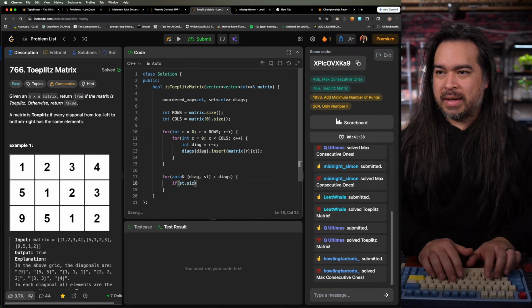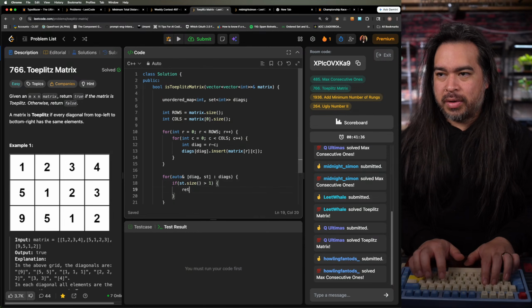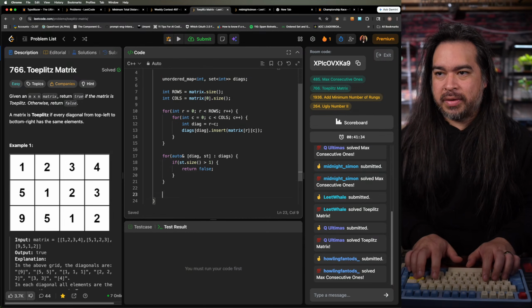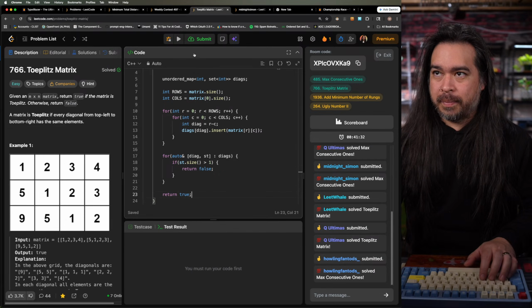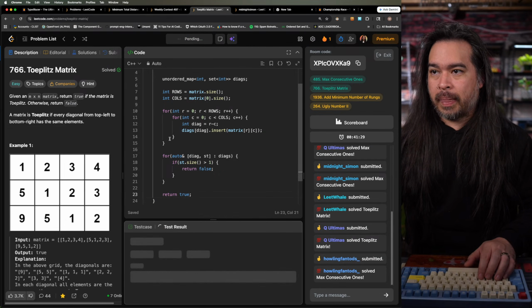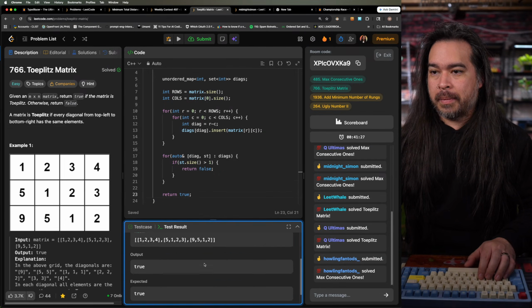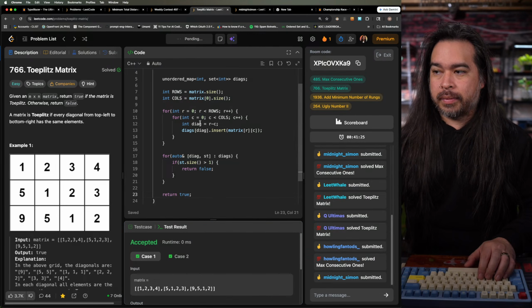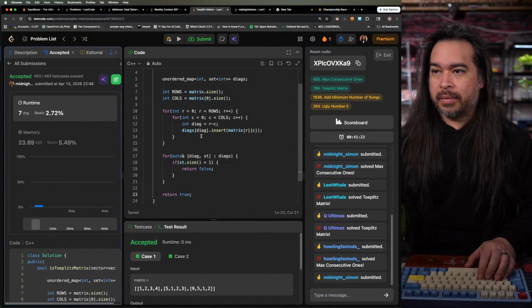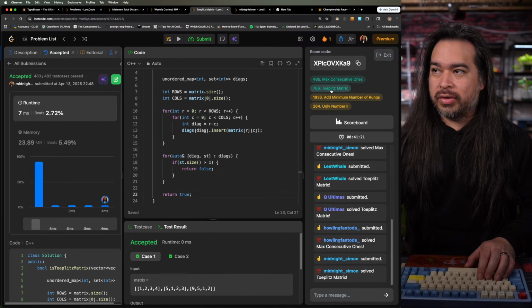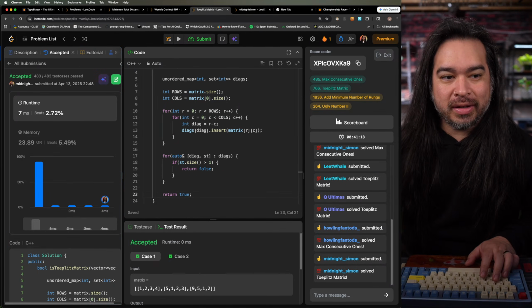So if the set size is greater than 1, return false. All right, Q2, Toeplitz matrix, done.